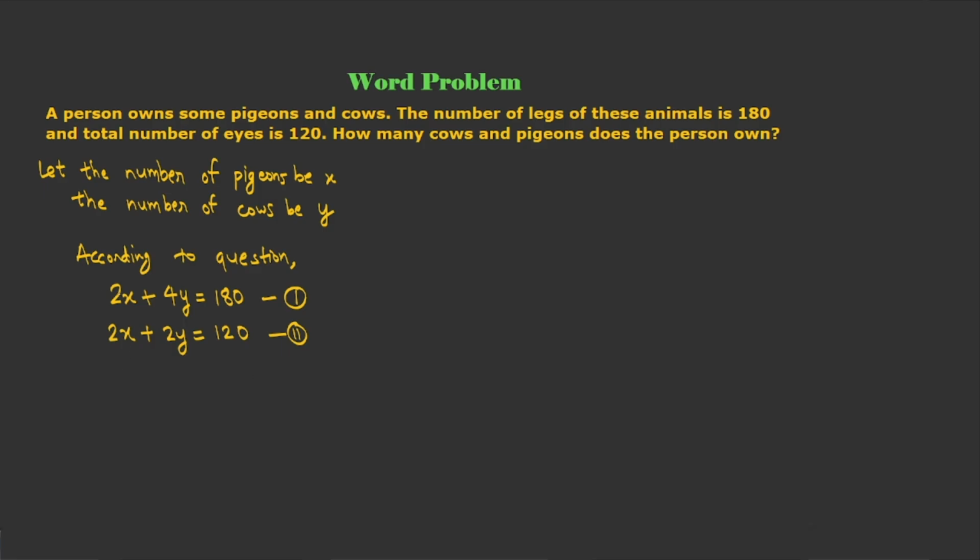You can see here we have 2x and 2x, so it will be very easy to solve by subtracting.